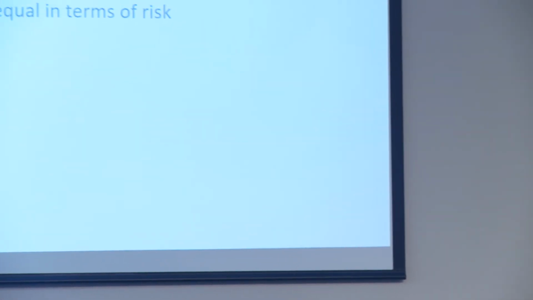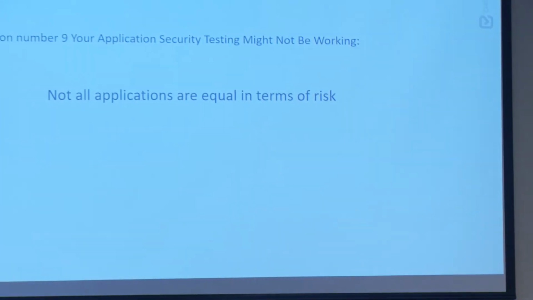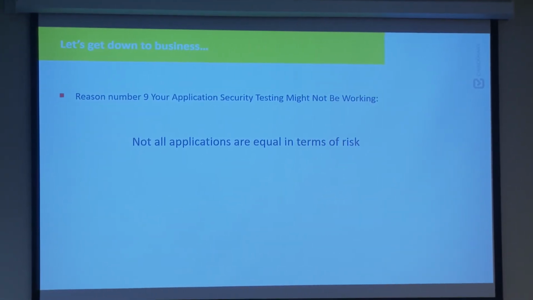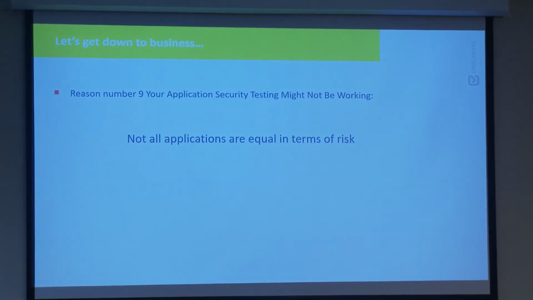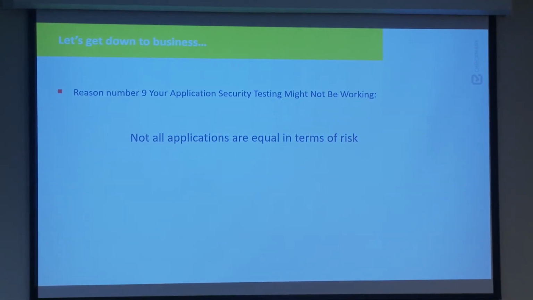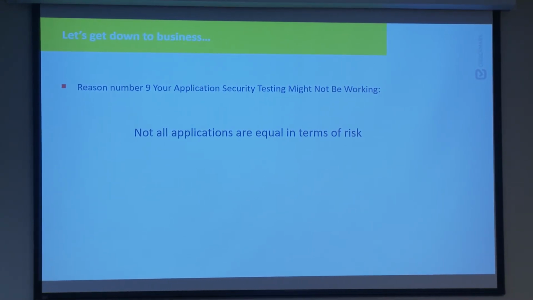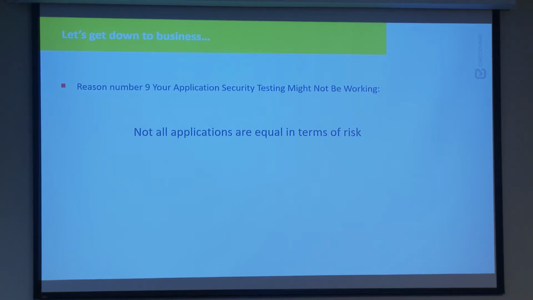Okay. So reason number 9 is that, again, it's very tempting to have one policy for all applications, right? One application security policy for everything. But it's not very practical.